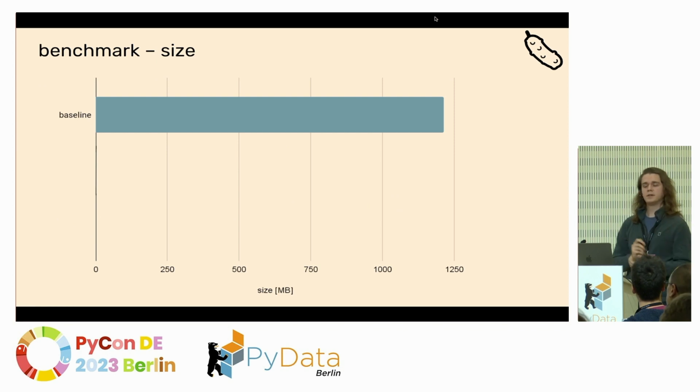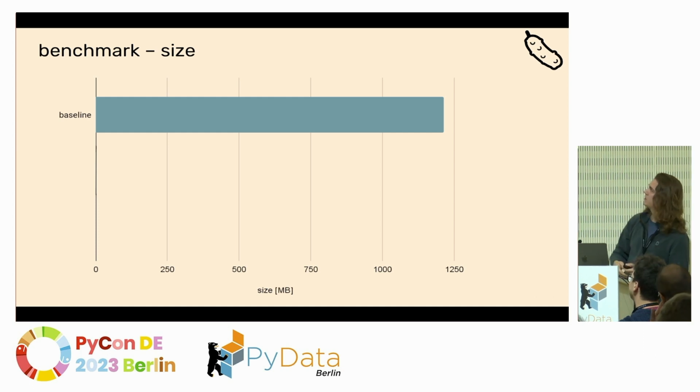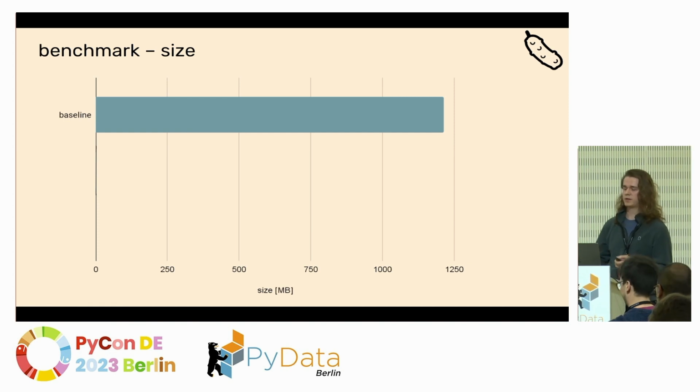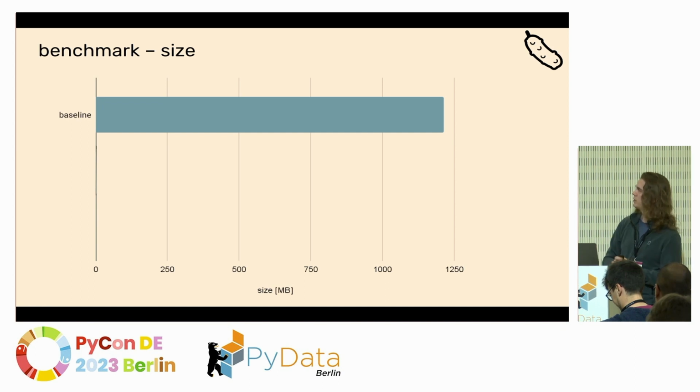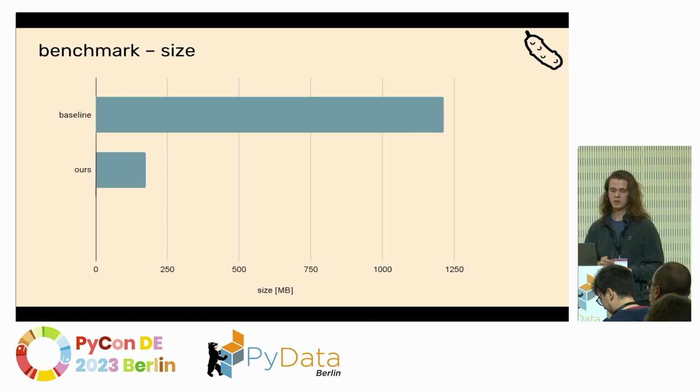Yeah, so let's look at the benchmarks of our model. How does it actually behave in practice? We derived the 130 megabytes before for our model. Let's actually look at how it does in practice. So we have our model from before, our scikit-learn pipeline, which was 1.2 gigabytes in size.